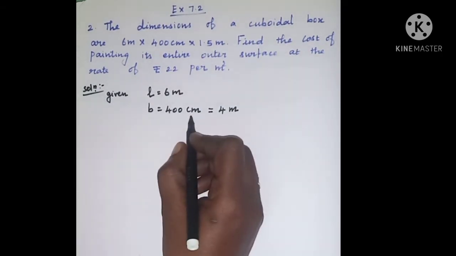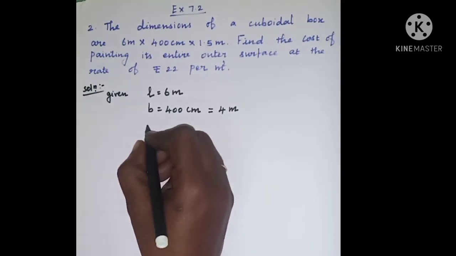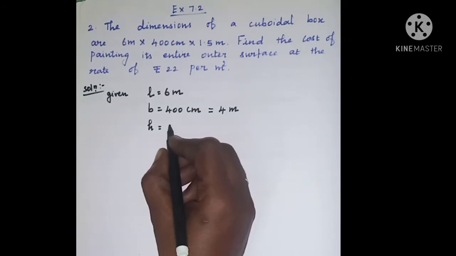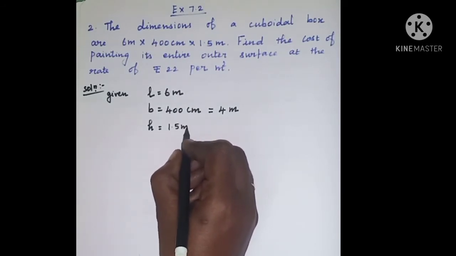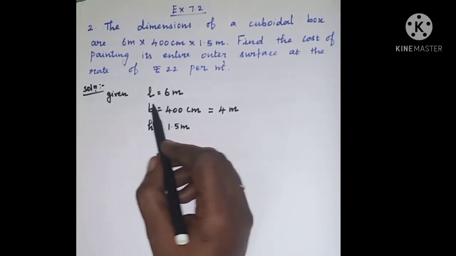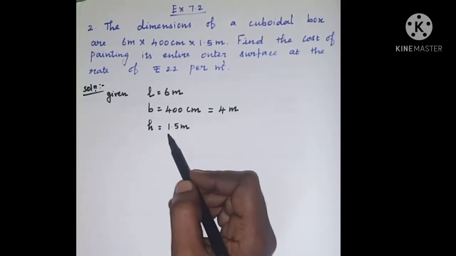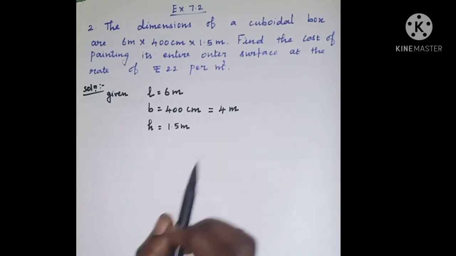So 400 centimeter can be written as 4 meter. And the height is 1.5 meter. Now all the measurements, length, breadth and height, are in the same unit, meter. We converted the centimeter to meter.